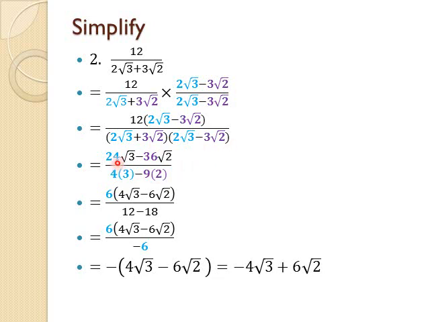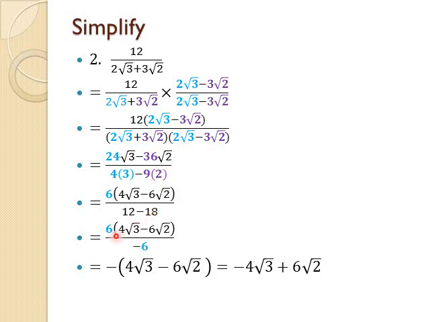Right, so there on the top, 24 and 36, I should see the highest common factor that can divide into both is 6. So if I take out 6, 24 divided by 6 gives me 4 square root 3. Negative divided by positive stays negative. 36 divided by 6 gives me 6 square root 2. 4 times 3 would give me 12. 9 times 2 gives me 18.